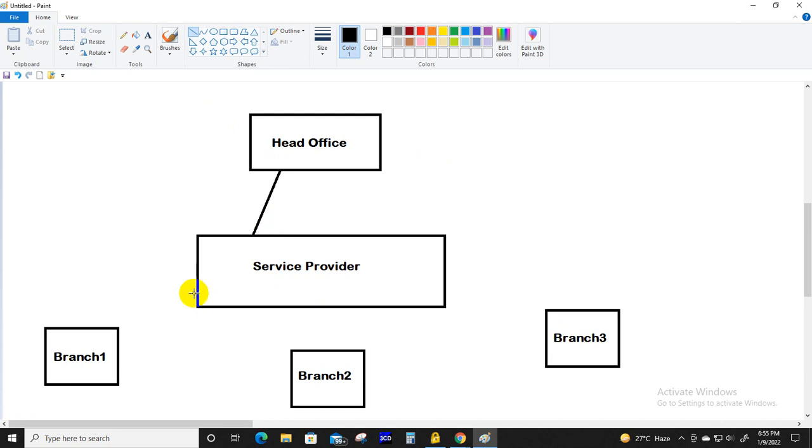So this is a dedicated line between head office and branch 1. This is a dedicated line between head office and branch 2. And this is between head office and branch 3.